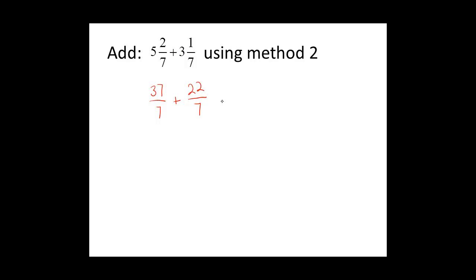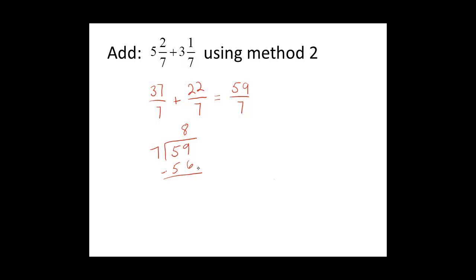Now we will add our numerators together. 37 plus 22 is equal to 59, and we keep our same denominator. This is the answer as an improper fraction. To change to a mixed number, we put the numerator inside the division symbol and divide by 7. 7 divides 59 8 times. 8 times 7 is 56.